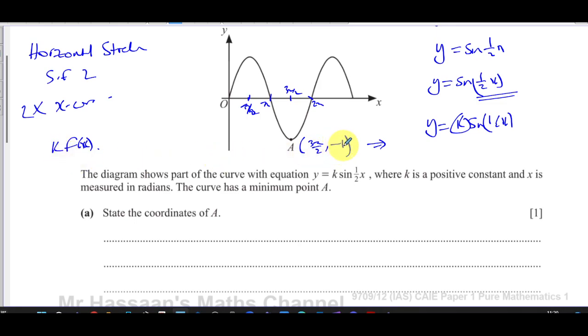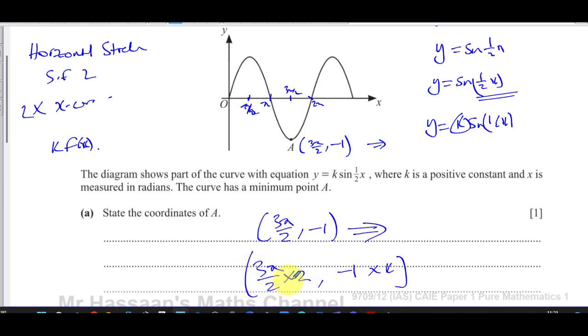The y coordinate of the original sine curve would be minus 1. So 3 pi over 2, minus 1 will become, multiply the x coordinate by 2, because it's a half, so 3 pi over 2 multiplied by 2, and minus 1 multiplied by k. The x coordinate is multiplied by 2, the y coordinate multiplied by k.